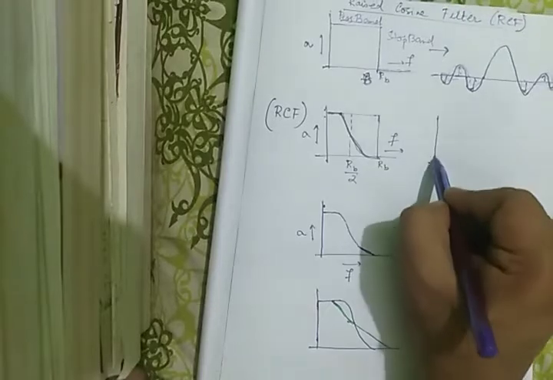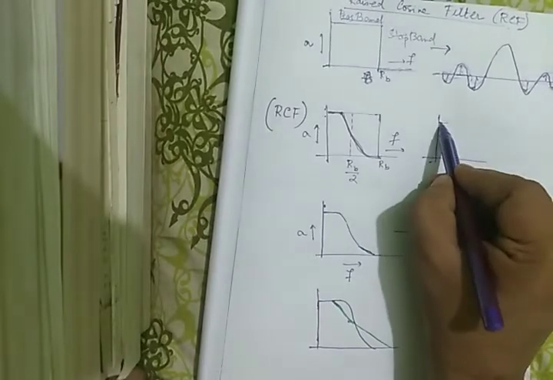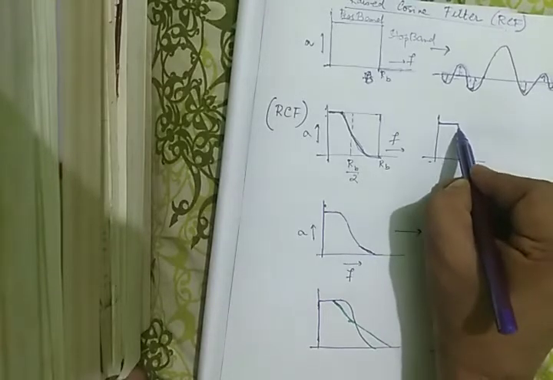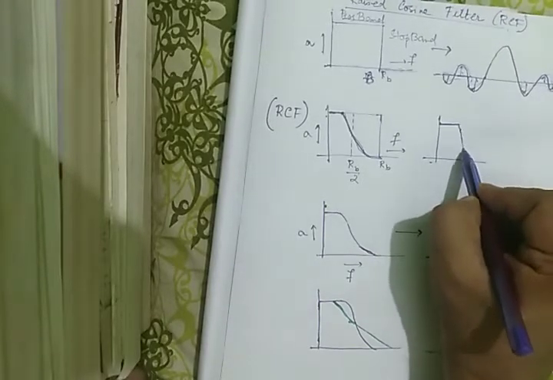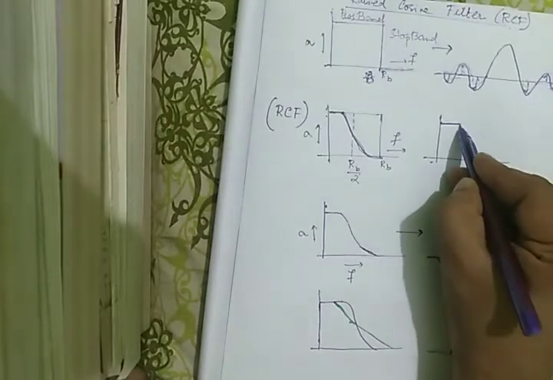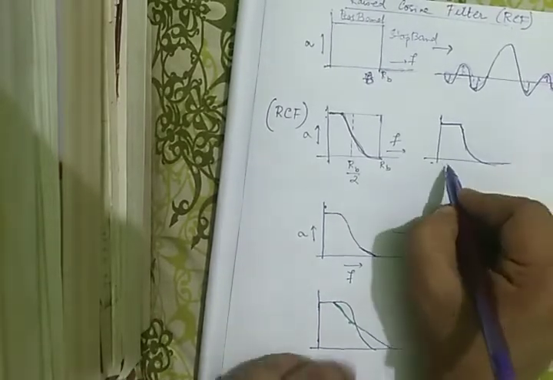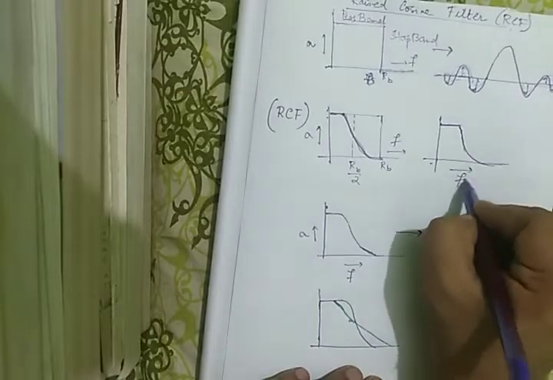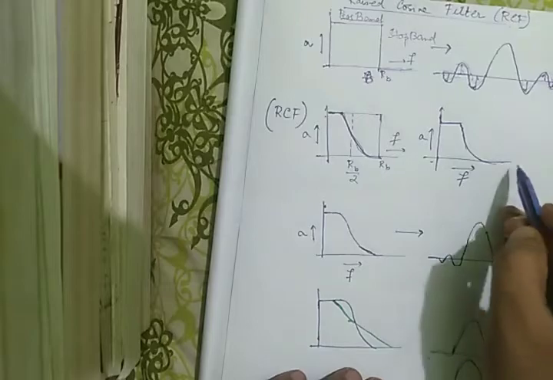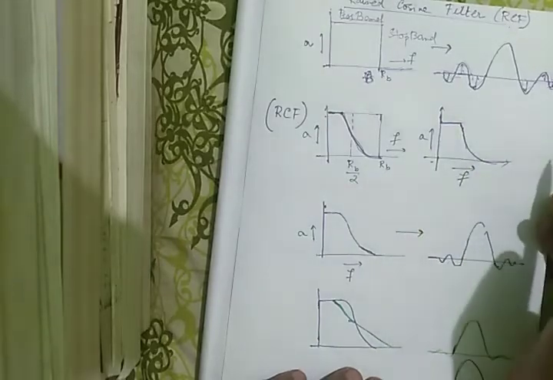Some part will be at 1, and then this part goes to 0 gradually and non-linearly. This part goes to 0 linearly. This is basically the frequency spectra of the raised cosine filter.